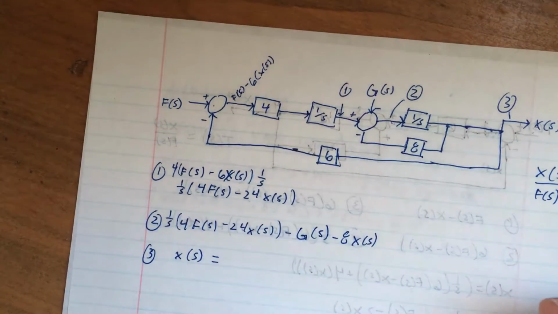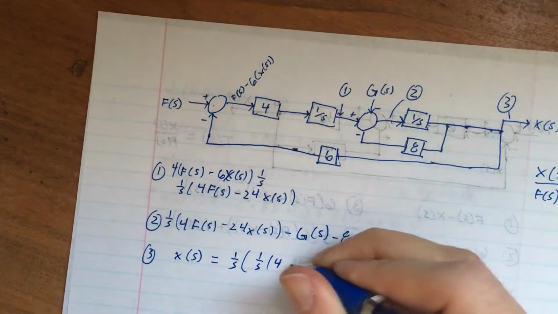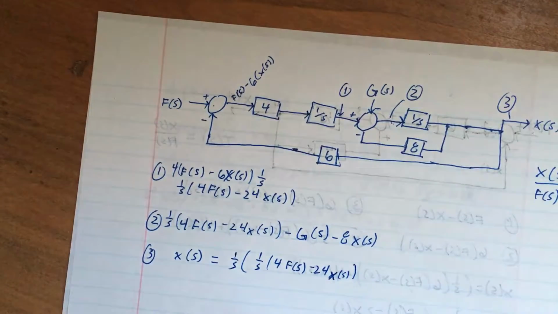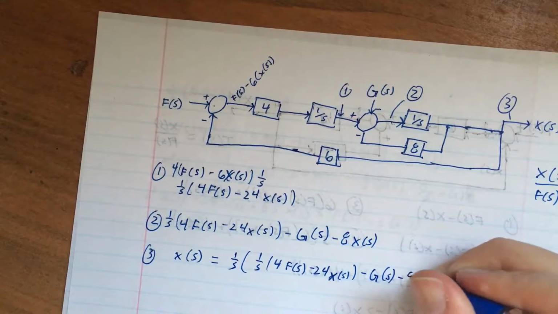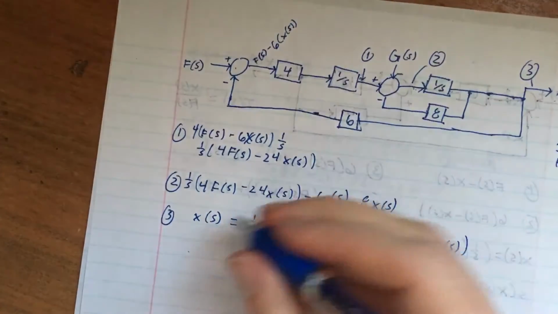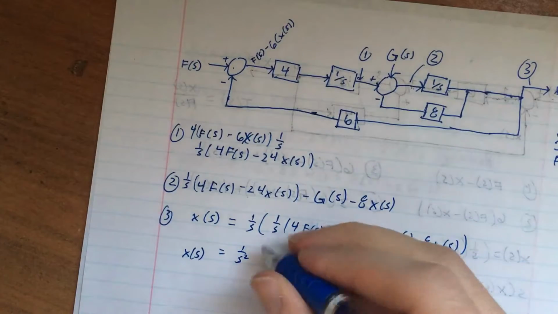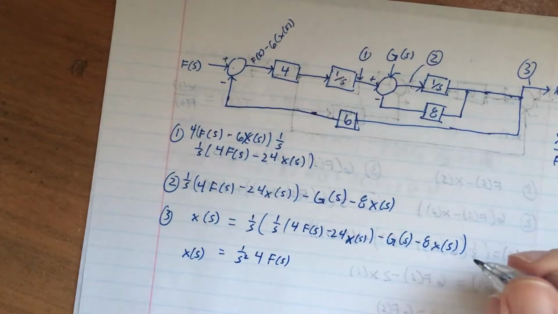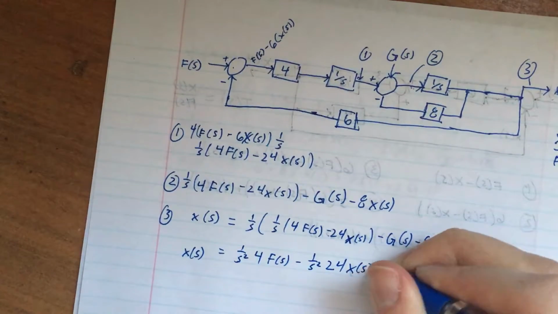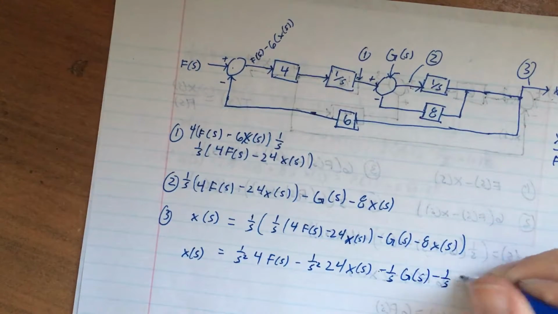So X(s) equals 1 over s times 1 over s times 4F(s) minus 24X(s) minus G(s) minus 8X(s), which also equals 1 over s squared times 4F(s) minus 1 over s squared 24X(s) minus 1 over s G(s) minus 1 over s 8X(s).